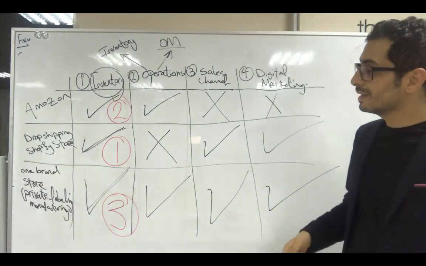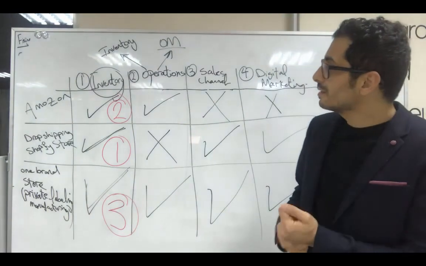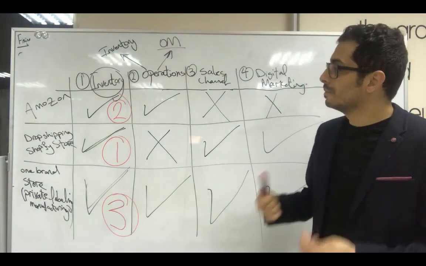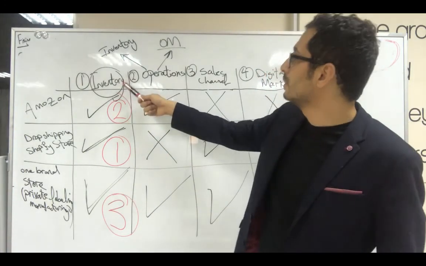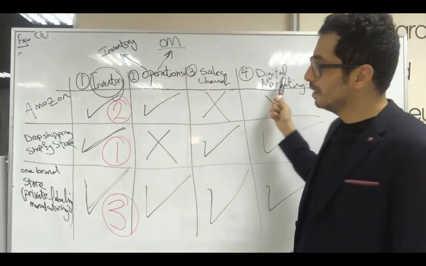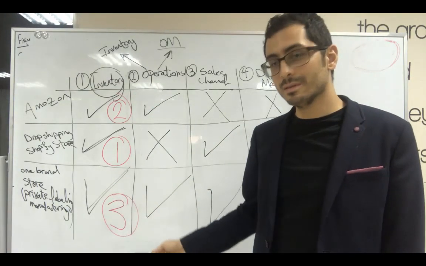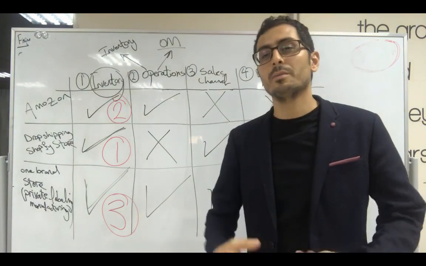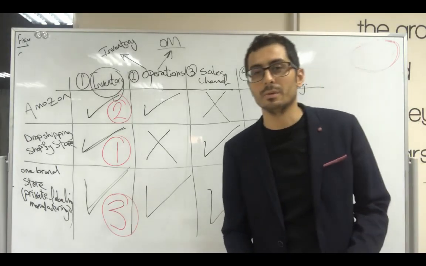So instead of getting lost in all those unlimited options and scenarios, just think of your personal passion, your personal capability, your personal resources in delivering inventory, operations, sales channels, digital marketing. And from there, you can filter the different types of models, and you will be able to reach the model which is the most suitable one for you.